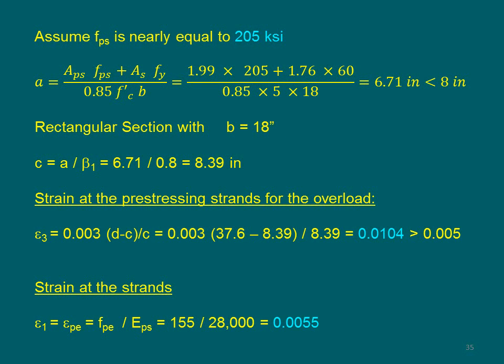So I'm going to assume that the nominal stress is equal to 205 ksi. It's kind of on the low side, and this is going to be a good starting point. You can start with 210 ksi if you'd like to. Running this equation and considering the width of the beam to be 18 inches, which is the width of the top bulb in the concrete beam, you end up with a compression block depth of 6.71 inches.